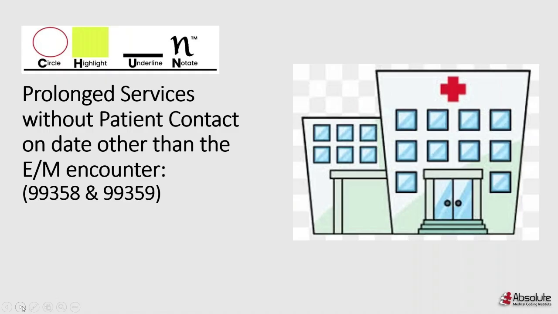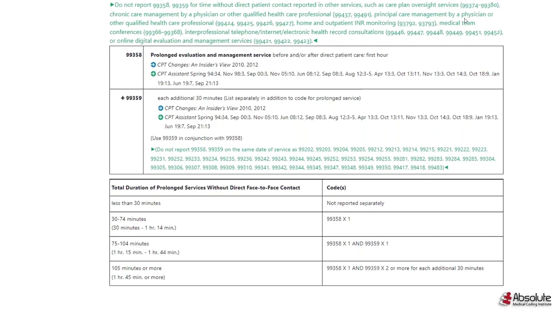99358 and 99359. All right, 99358 is used for the first hour of prolonged services. And remember, it's non-direct contact on date other than face-to-face visit. 99359, this is for each additional 30 minutes.